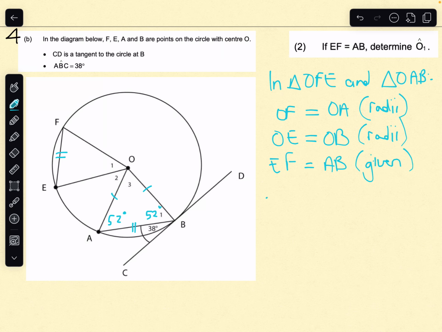Right, and so therefore we can conclude that triangle OFE is congruent to triangle OAB, and the reason is side, side, side. And let's just check that I've got my order right. So OF is equal to OA, FE is equal to AB, OE is equal to OB. Right, yes.